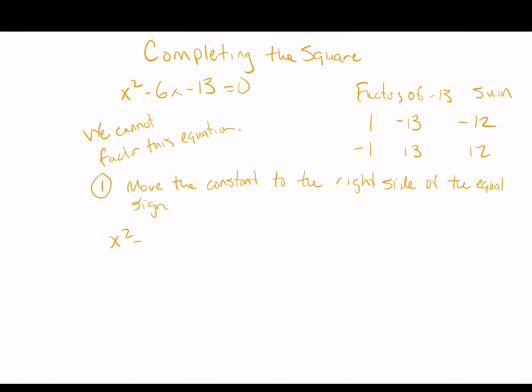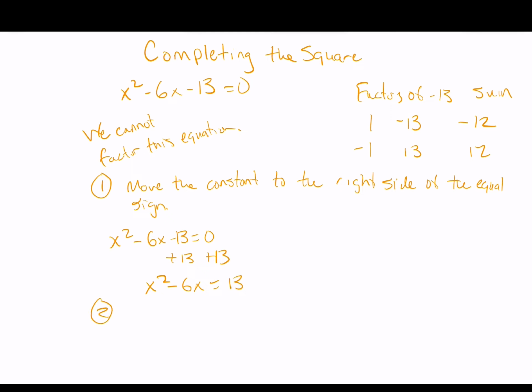So x squared minus 6x minus 13 equals 0. We can add 13 to both sides, and we get x squared minus 6x is equal to 13.